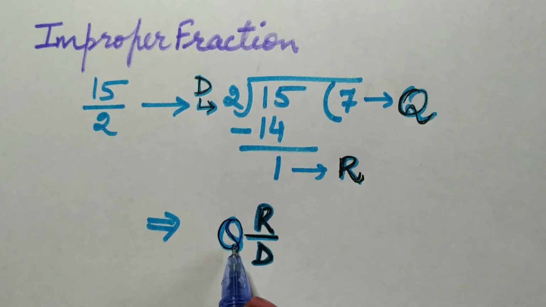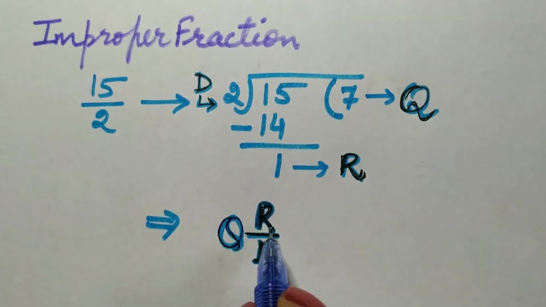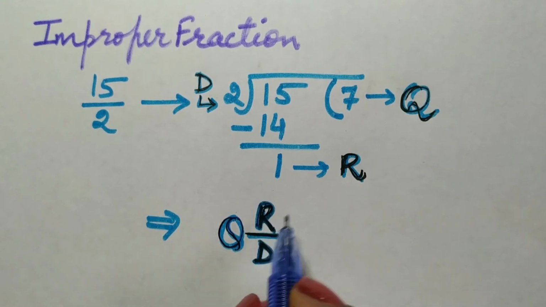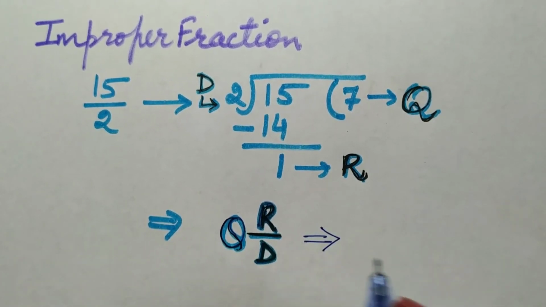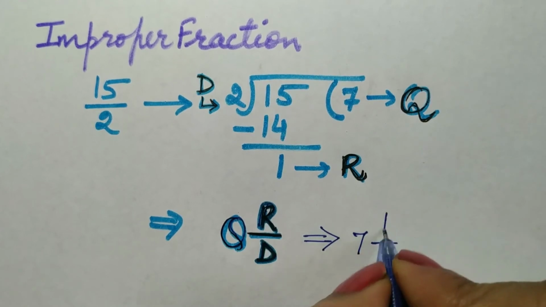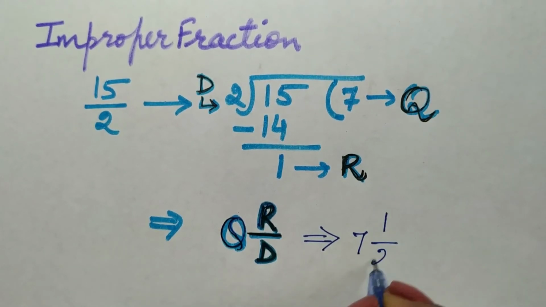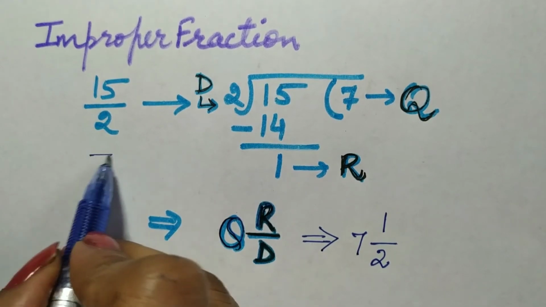The quotient represents the whole number and the remainder is written at the numerator's place, and the divisor will be written at the denominator's place. So in mixed number we will write it as 7 and 1 by 2. This is the mixed number of this improper fraction.